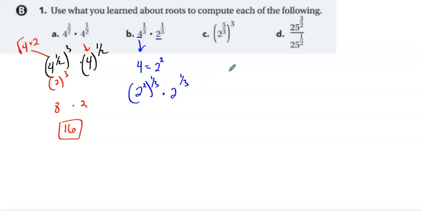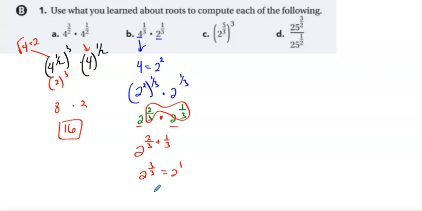And if you rewrote that, then this is 2 to the 2/3 power times 2 to the 1/3 power. And now, if you notice, you have the same base. So 2, you're multiplying. So you're taking 2/3 and you're adding it to 1/3, right? You're adding the exponents. And this just gives you 2 to the 3/3, or 2 to the first, which is equal to 2.